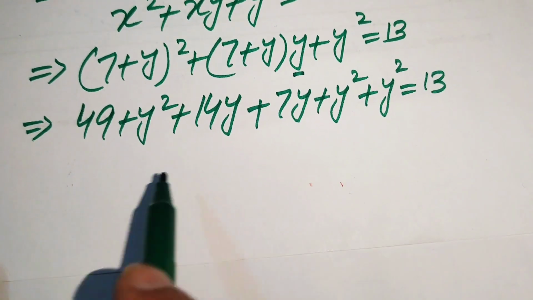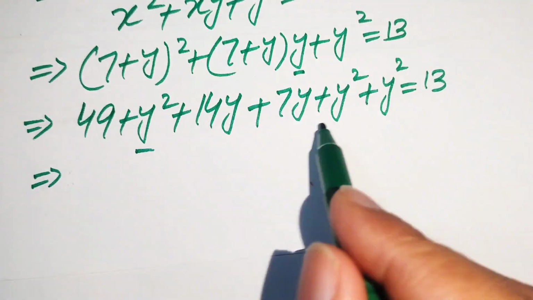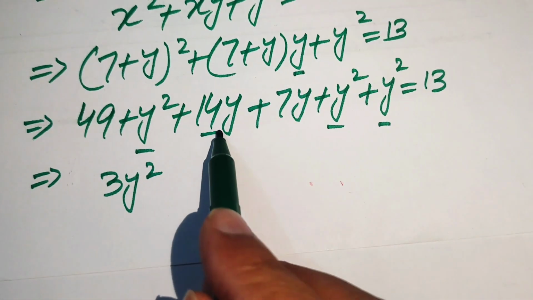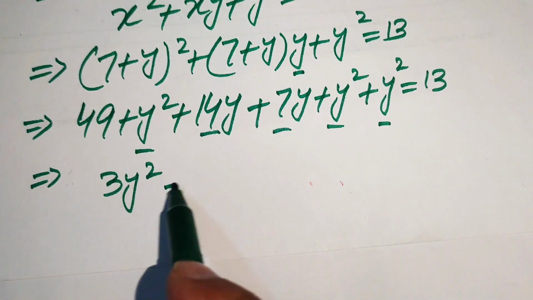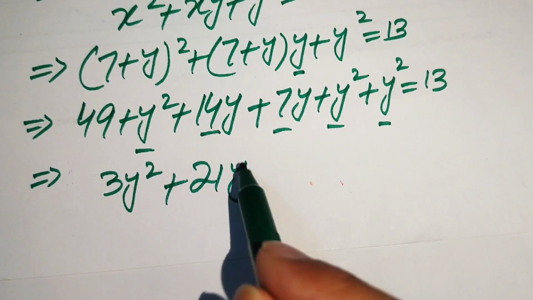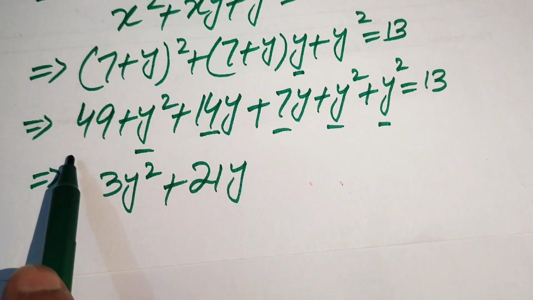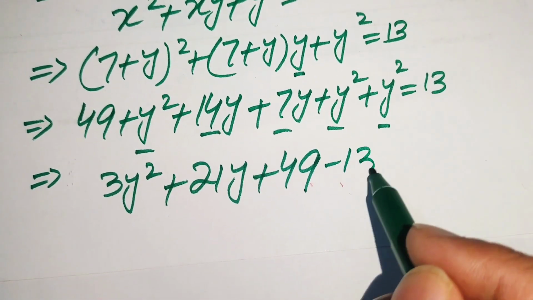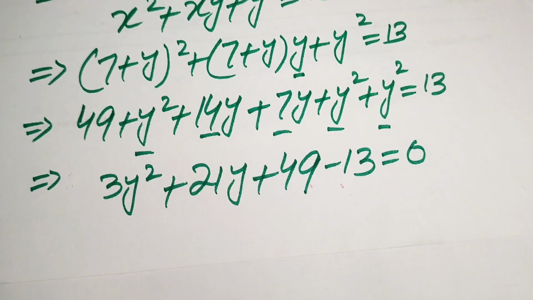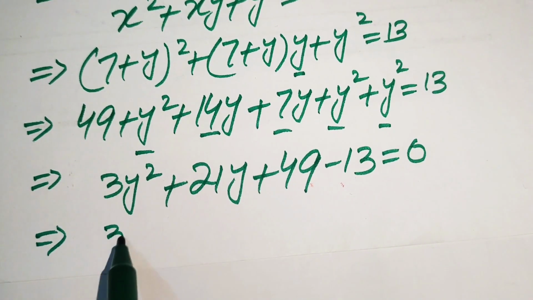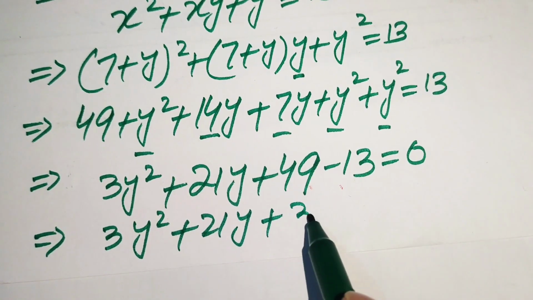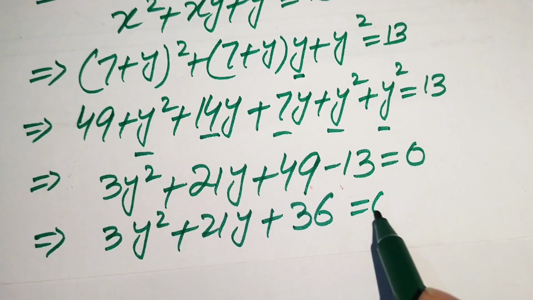So here we add the like terms and we have 3y square, and 14y plus 7y equals to 21y, and this becomes 49, and we move this 13 to the left hand side and this is equals to 0. So here we rewrite this equation as 3y square plus 21y plus 36 equals to 0.